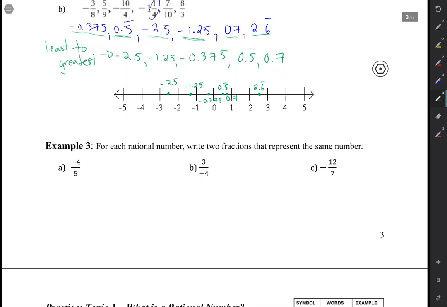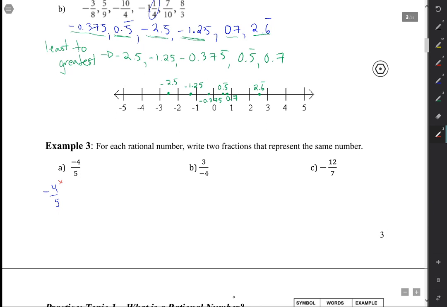The way we can do this is we just multiply the numerator and the denominator by any number, and it'll give us what we call an equivalent fraction. For the first one, I'm going to rewrite this down. Negative 4 over 5. How about we just multiply the top and bottom by 2?